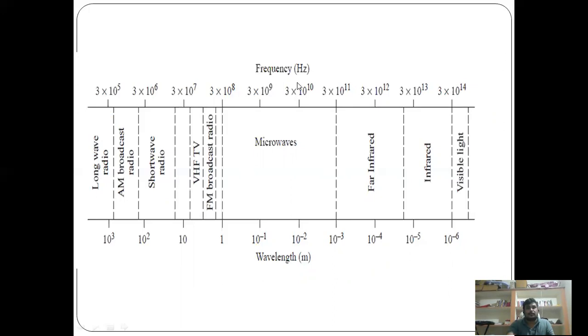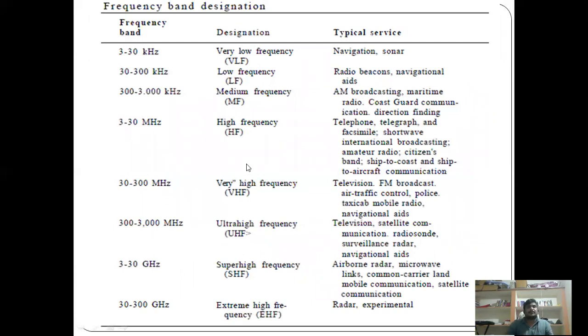Frequency band designation. If you see the frequency bands, this is a basic phenomenon we already studied. 3 to 30 kilohertz is very low frequency, generally used for navigation and sonar. 3 to 300 is low frequency, radio beacons, and medium frequency is 300 to 3000 kilohertz, generally used for AM broadcast because AM broadcast ranges from 550 to 1650 kilohertz. 3 to 30 megahertz is high frequency, used for telephony, telegraph, and mail, shortwave international broadcasting.